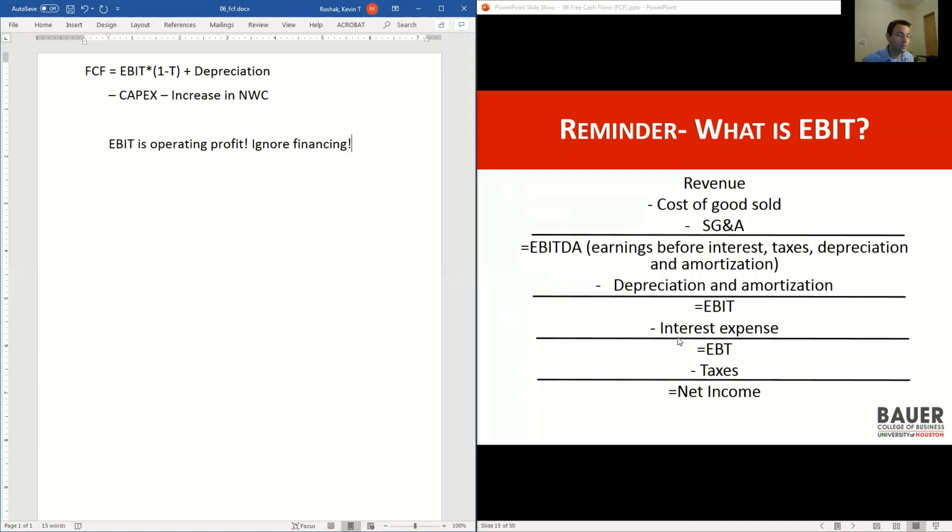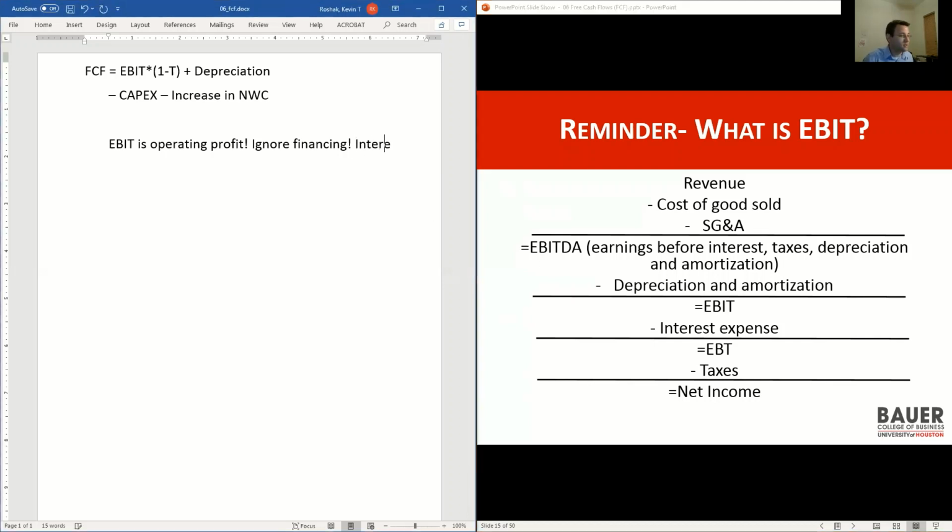What is interest? Well, interest is cash that we're giving to the bank. Those are our investors, right? That's the right-hand side of the balance sheet. Any cash flow either coming from or going to our investors, that's the right-hand side. That's financing. Right now, we only care about the operations.